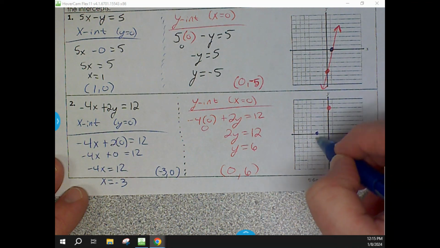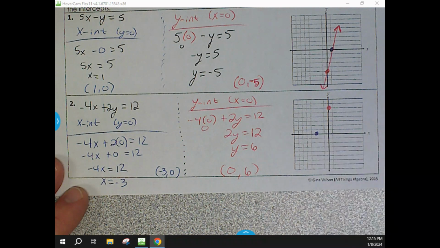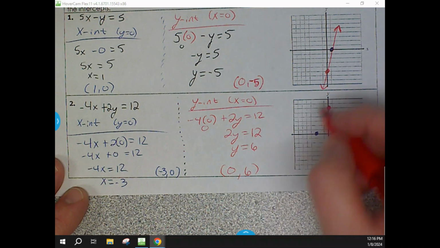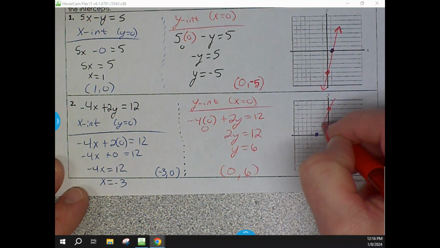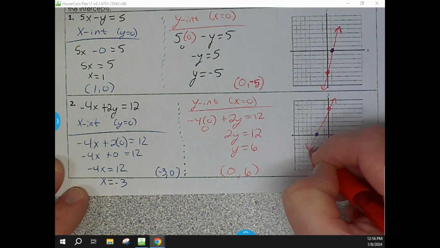That line is missing, but it should be somewhere about there because it didn't copy over very well, so it should be somewhere about there. Okay. And then just connect your 2 points, and then we're good to go.